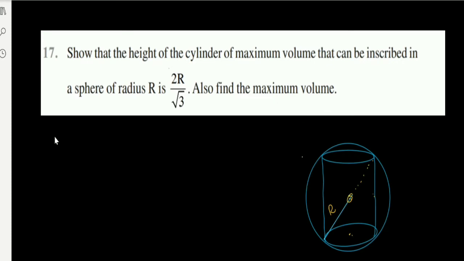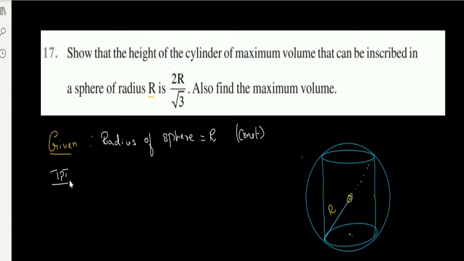So in this, given the radius of the sphere is r, so that is a constant. Whatever is given is taken as a constant. We have to prove that the height of the cylinder is 2r by root 3.